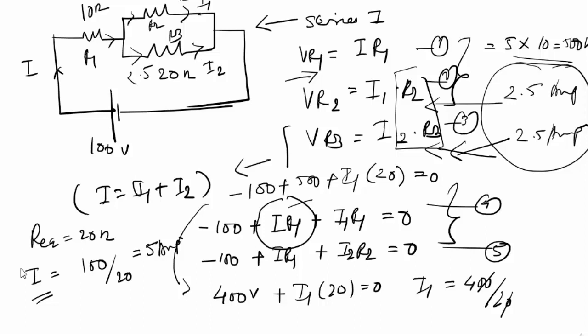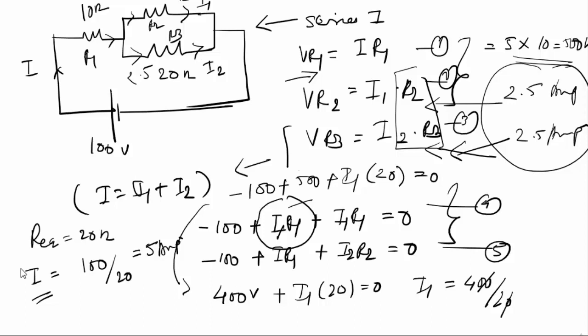So there's some mistake here. I R1 is plus I1 into 20. So this is not 500.